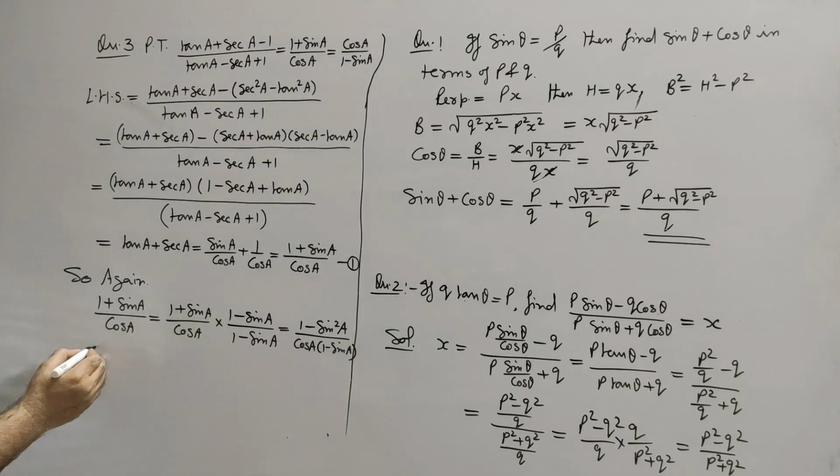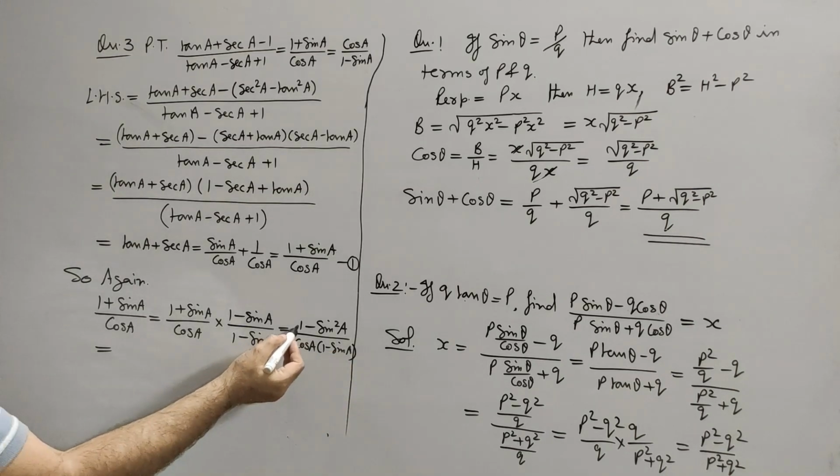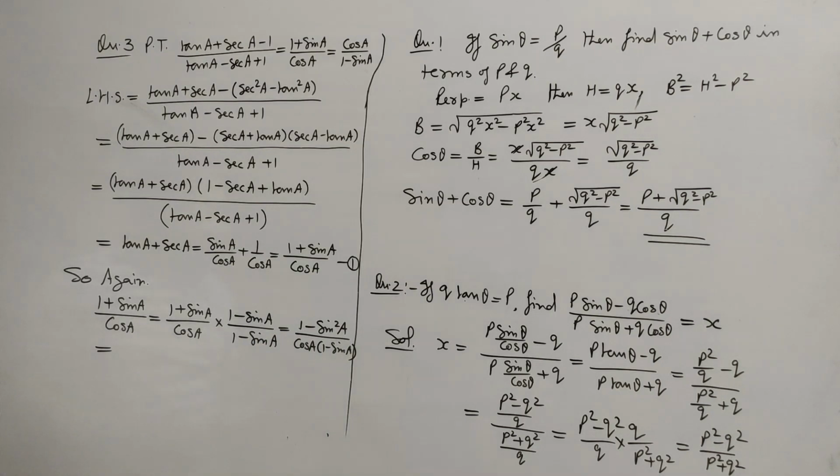and this is equal to 1 minus sin square A, from the identity sin square theta plus cos square theta is 1. If sin square theta plus cos square theta is 1, then 1 minus sin square theta will be cos square theta.